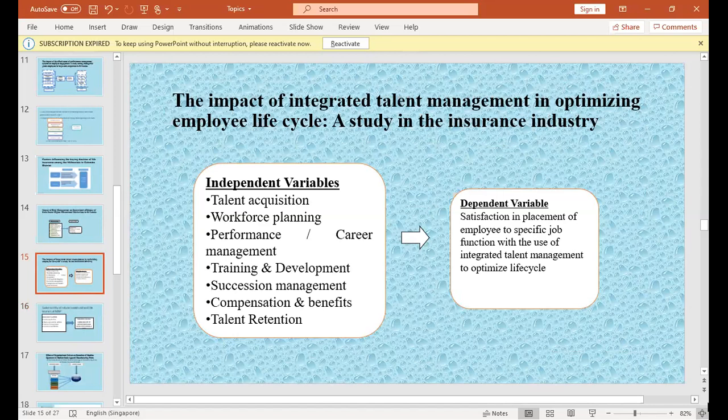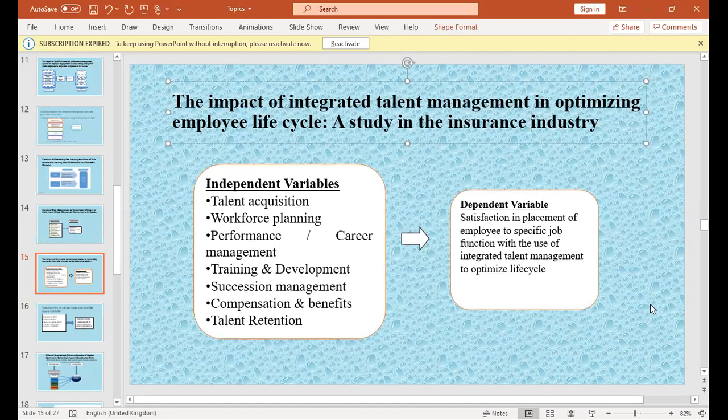Okay. This was done with the insurance agents. The problem was that employees find that they are not being provided with appropriate talent management.